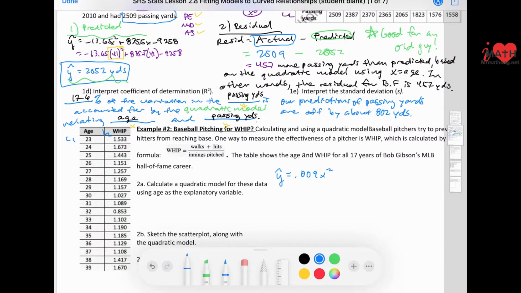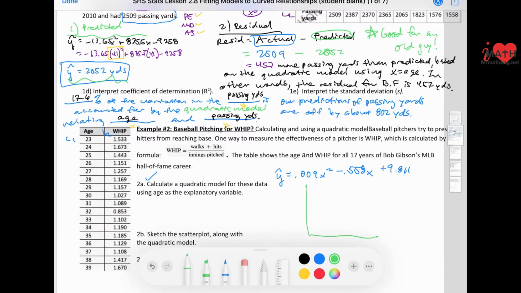y hat equals 0.009x squared minus 0.558x plus 9.811. Okay, did that part. Sketch the graph. My graph, just a quick sketch.